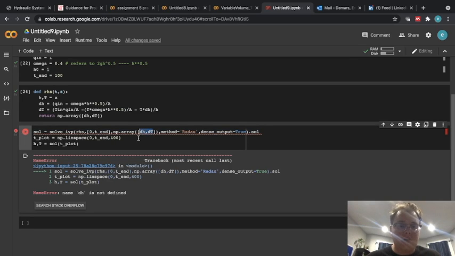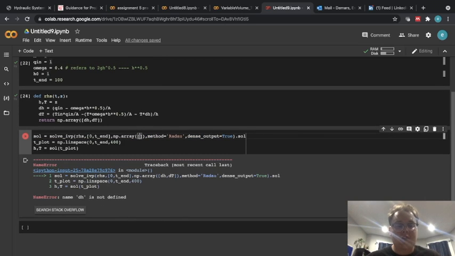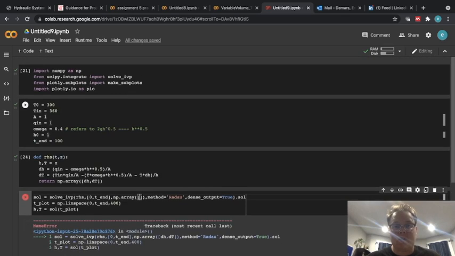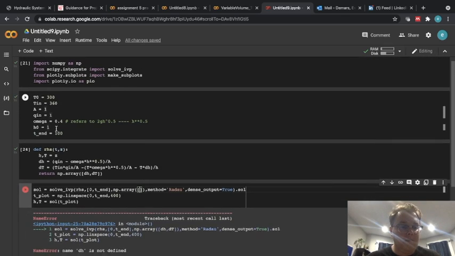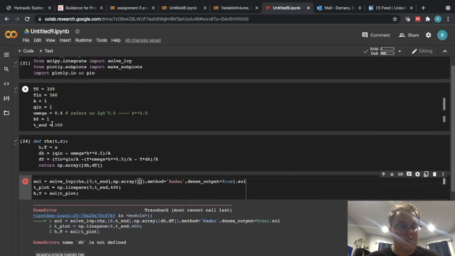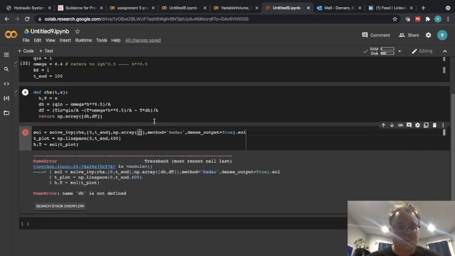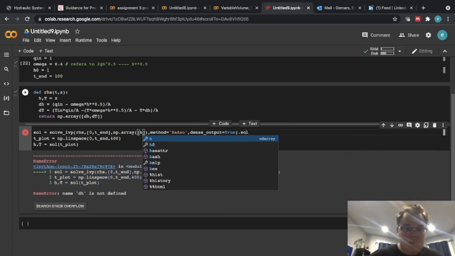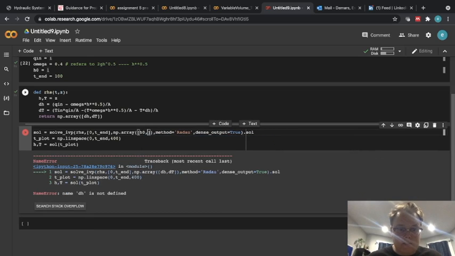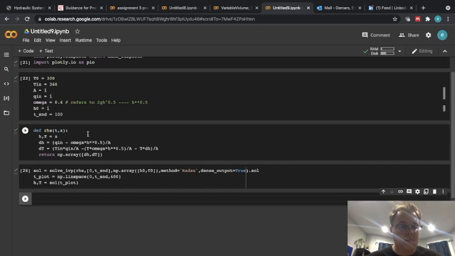Oh, okay, so this should not be dH and dT. It shouldn't be my equations. It should be my initial conditions for height and initial conditions for temperature. So my height initial is H naught, and my temperature initial is T naught. So this is going to be H naught, T naught. There we go, now it works.